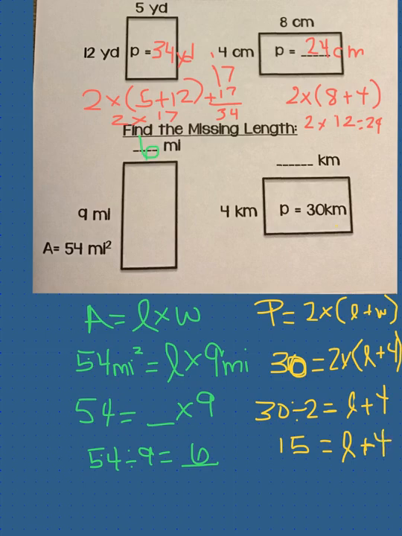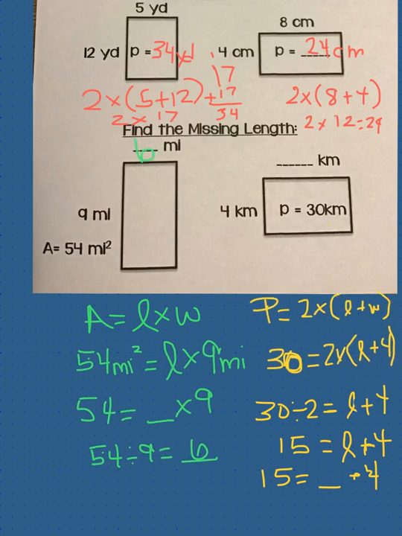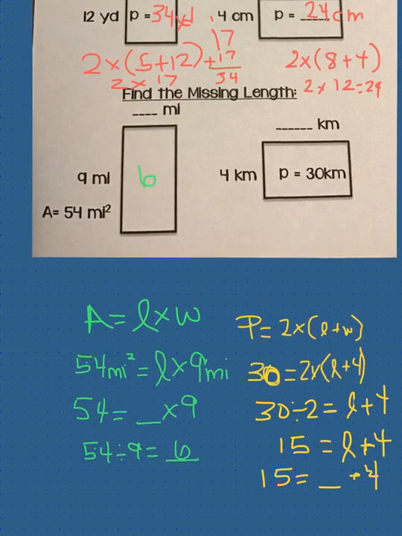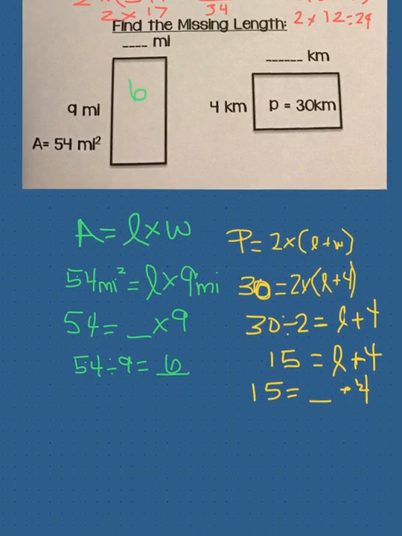Okay, so now I have a blank. 15 equals blank plus 4. Blank plus 4. How could I figure that out? Well, I know my whole, and I know one of my addends. So I could subtract, right?